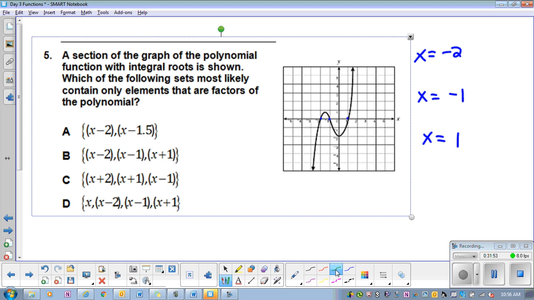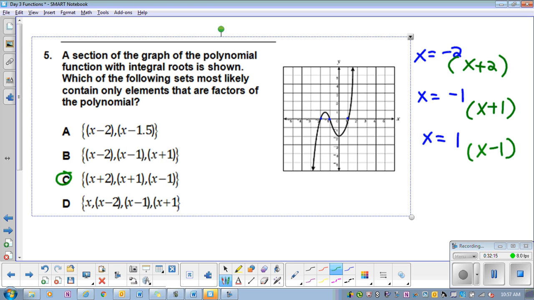How do you turn x equals -2 into a factor? x plus 2. How about x equals -1? x plus 1. How about x minus 1? So see?